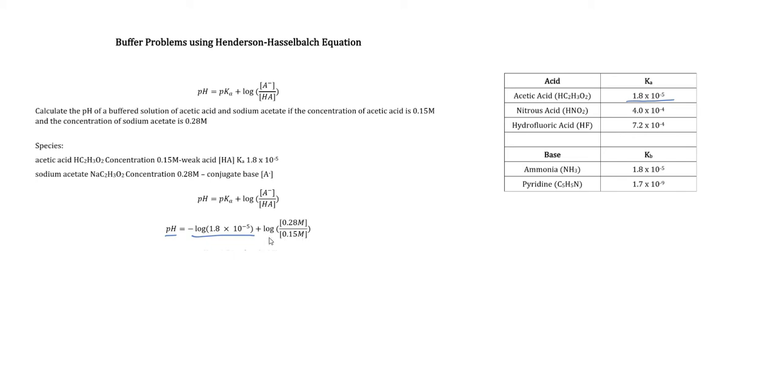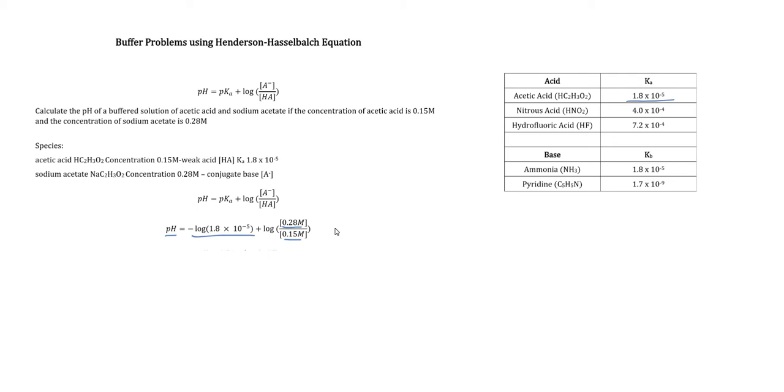Now, for our second term, we're going to have log of the conjugate base over the weak acid. We just listed our conjugate base above. It is the acetate. Our concentration is 0.28 molar. Our weak acid, we were given that concentration, it is 0.15 molar, so I'm just plugging those concentrations in.